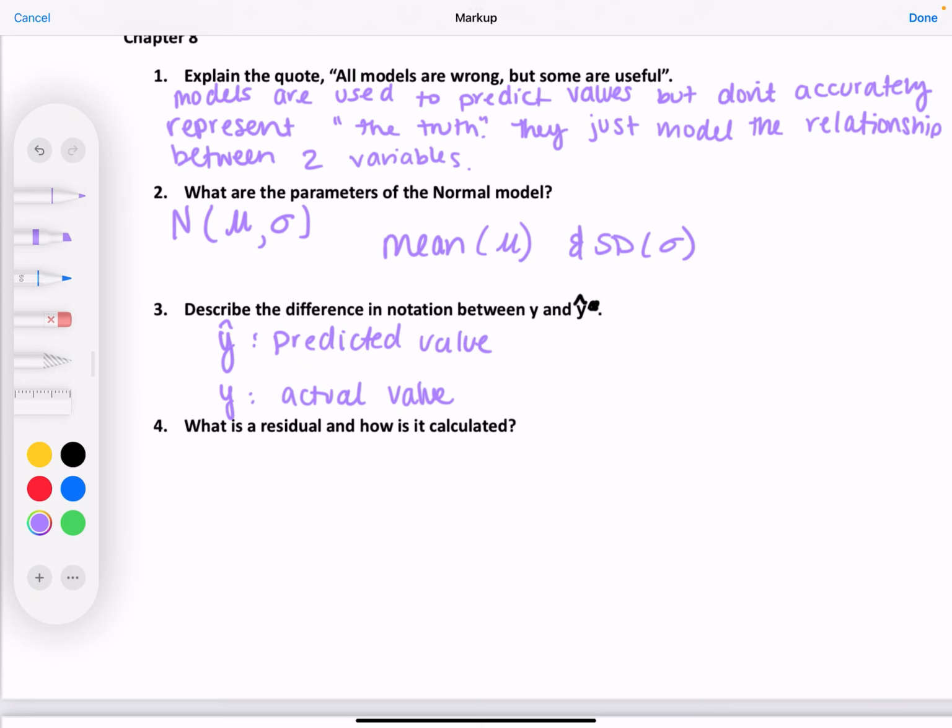All right. What is a residual and how is it calculated? What's the difference between the predicted and actual? Yep. So R equals Y minus Y hat, and it is the difference between the actual and predicted value.